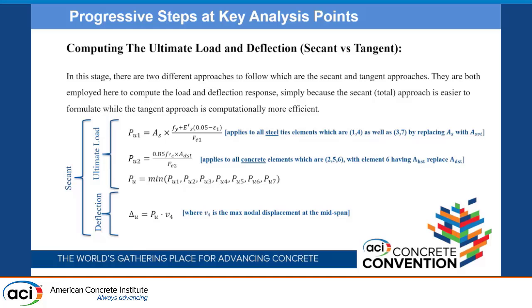The secant approach is a total approach, so we will take the actual stress times the steel area divided by the internal force due to unit load, and same way with the concrete members. And we take the minimum ultimate load of these, and we multiply it by the displacement due to a unit load.